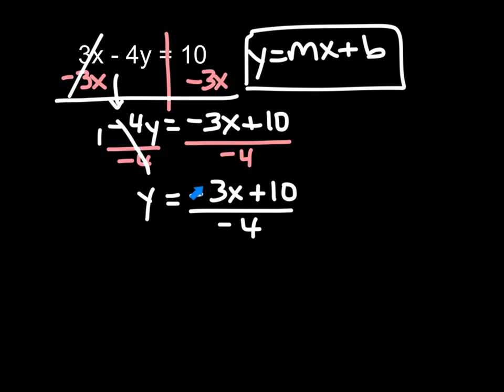To do that, this is pretty important, we have to remember that both the negative 3x and the positive 10, both terms in the numerator, need to be divided by the negative 4. Okay? So, when we rewrite this, we're going to say negative 3x needs to be divided by negative 4 plus, because we have that plus sign right here, plus the 10, and that also needs to be divided by negative 4.